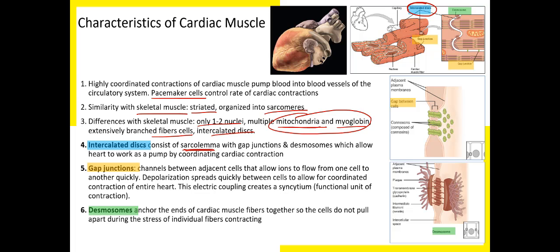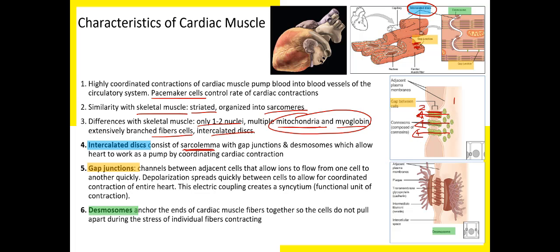So it consists of the plasma membrane of the muscle cell with gap junctions. And remember what gap junctions are? Gap junctions are these pathways from one cell to another that allow ions to go straight through from cell 1 to cell 2 very, very quickly in a coordinated fashion.